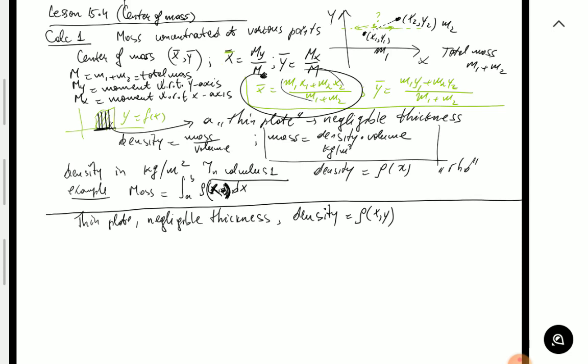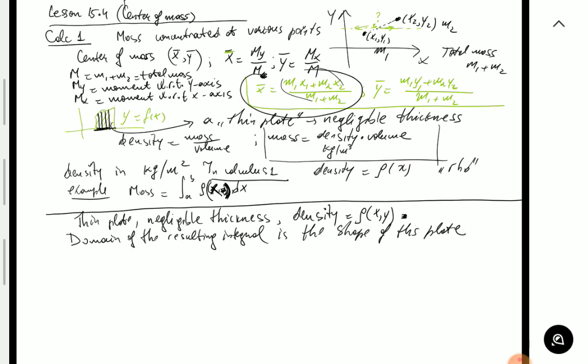The density depends on the position or the point you pick on that thin two-dimensional plate. So the domain of integration is represented by this plate. Let me state it here: the domain of the resulting integral is the shape of this plate for which you want to compute the center of mass.